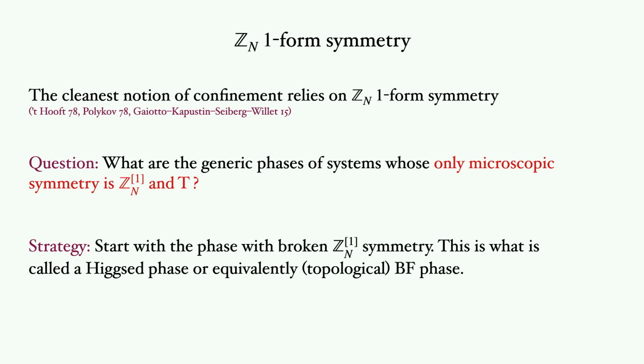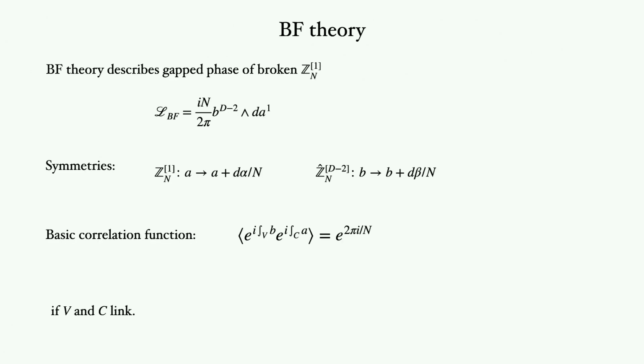This is the deformation. This is still in the deformation class of pure Yang-Mills. It's already there. Okay? So this phase is a Higgs phase, totally Higgs phase, and it's sometimes also called the topological BF phase. I will use BF almost constantly. The Lagrangian of BF theory includes these two fields, this A field, which is a one-form, and B field, which is a (D-2)-form.